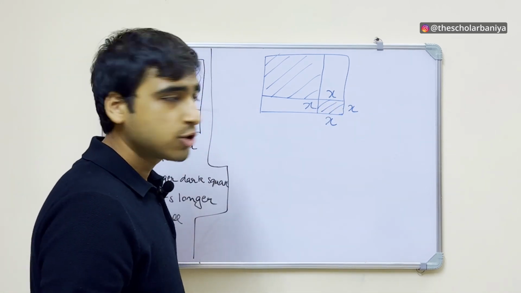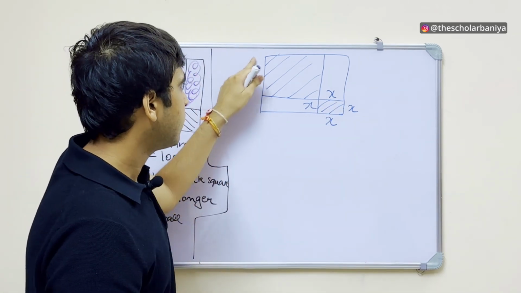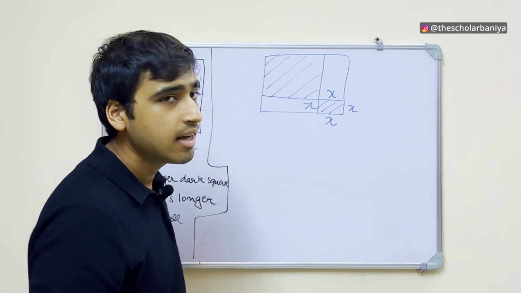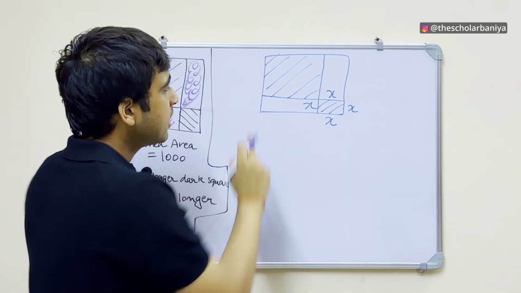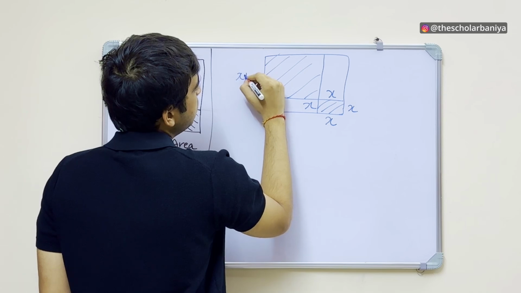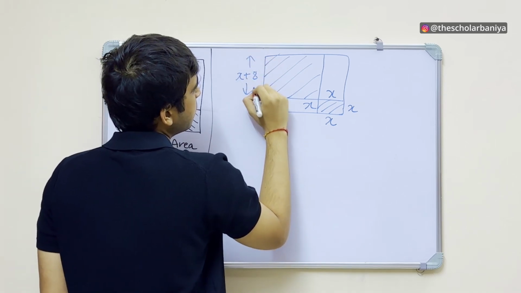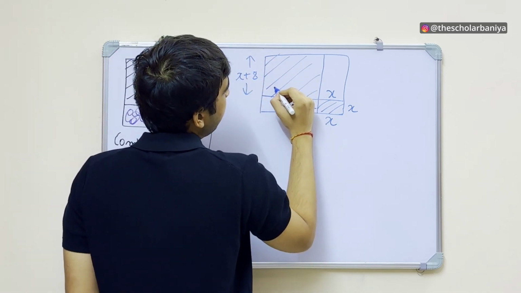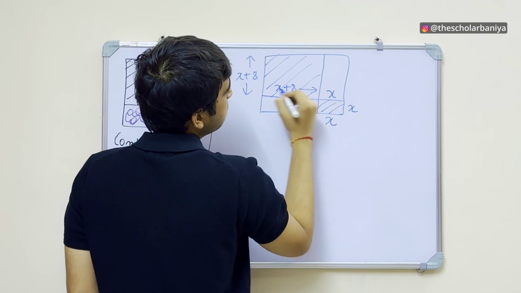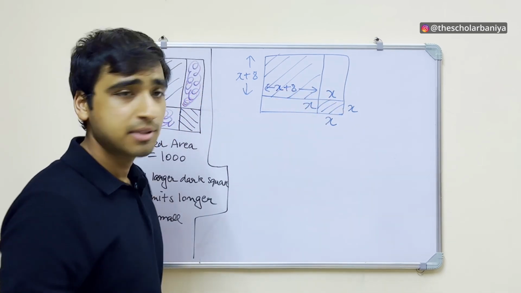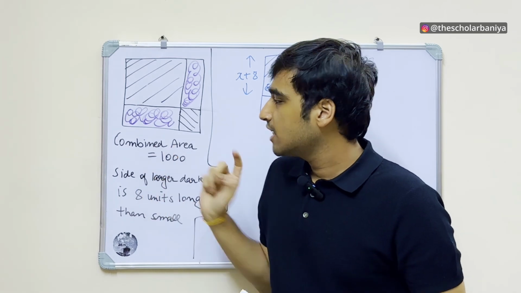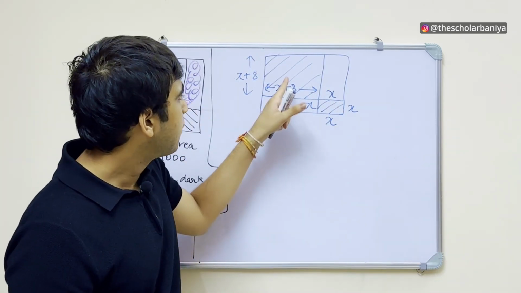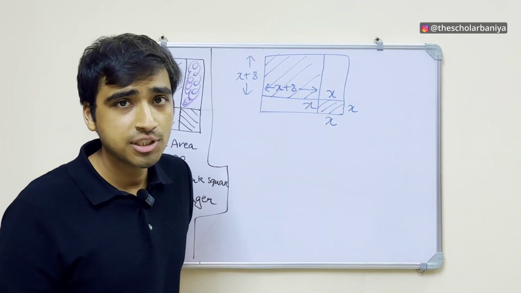We know that the side of the larger dark square is 8 units longer than the small one. So the small one is x, this will be x plus 8, and this will be x plus 8. I hope this is absolutely clear. We also know that the combined area of this and this is 1000 square units.